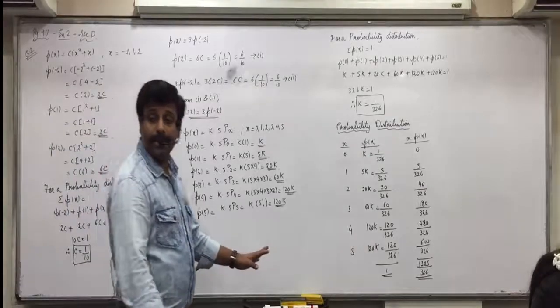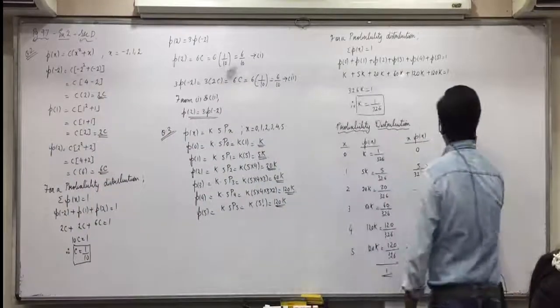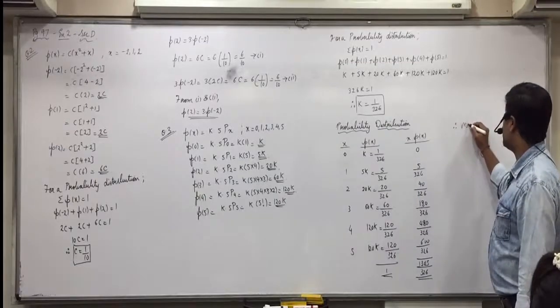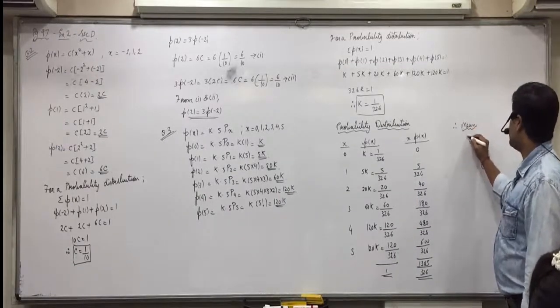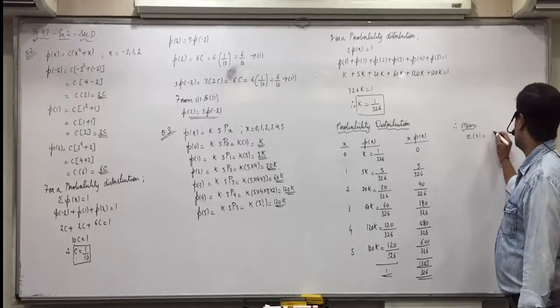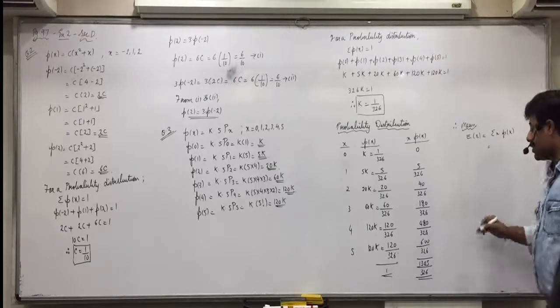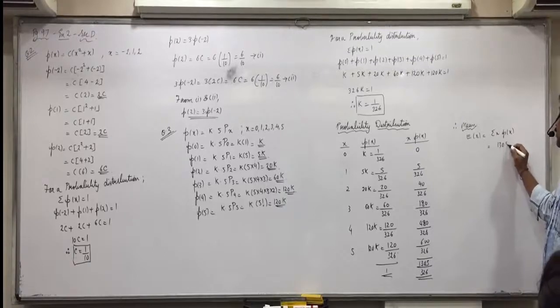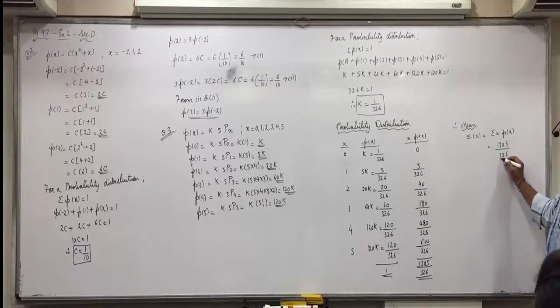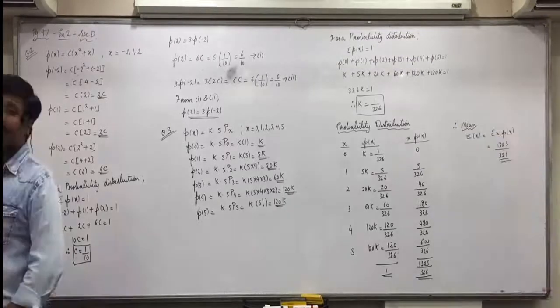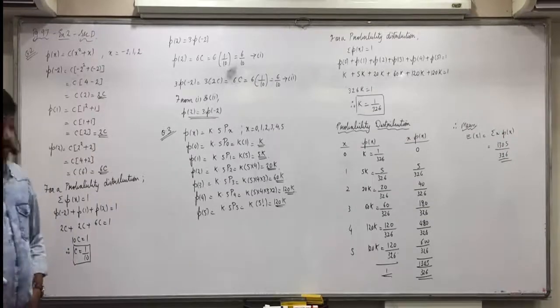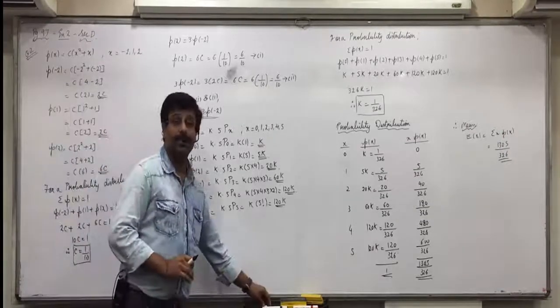Any confusion in this? Now only mean is asked. So simply mean is equal to E(x), that is sigma x into P(x), that is 1305 upon 326. It cannot be simplified further. So all are clear with this question?